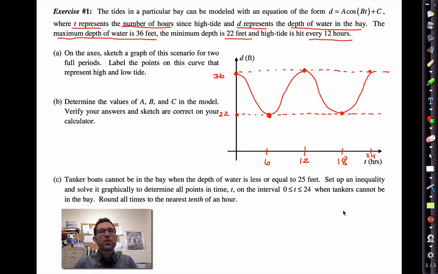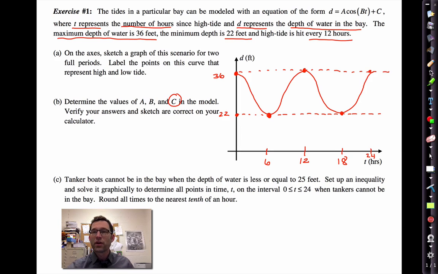Now letter B says determine the values of A, B, and C in the model. Verify your answers and sketch are correct using your calculator. That part we won't do, unfortunately, because I still don't have my electronic calculator working on this computer, but hopefully I'll get it eventually. Now you can do these in almost any order you want, and it's really quite up to you. I almost always personally come up with the value C first.